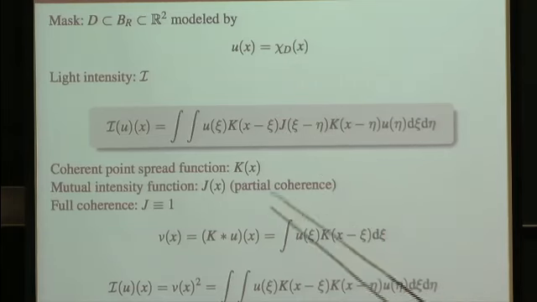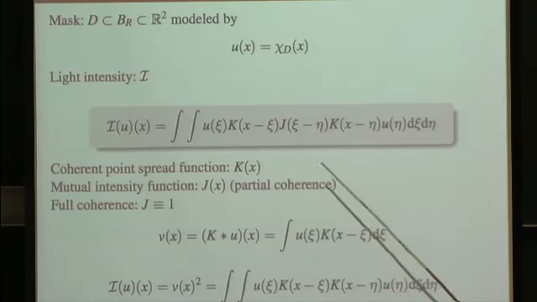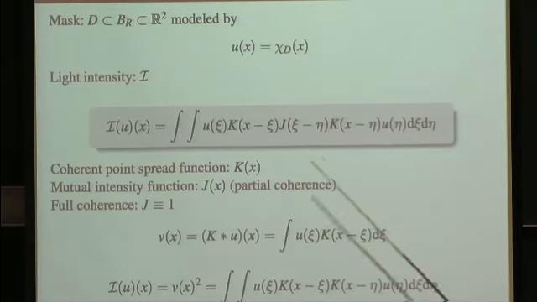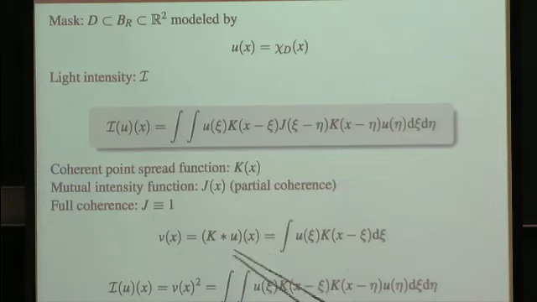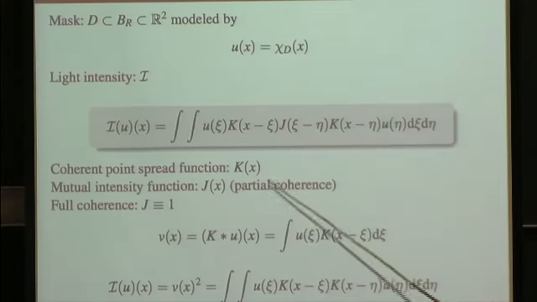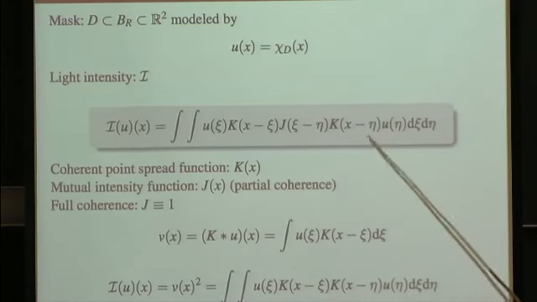The kernel K is the so-called coherent point spread function, and the kernel J, which is the mutual intensity function, models the so-called partial coherence of light. To understand what's happening here, if you have full coherence, corresponding to J equal to 1, then your intensity function is just the square of this convolution with the coherent point spread function K. So this is a kind of double convolution.